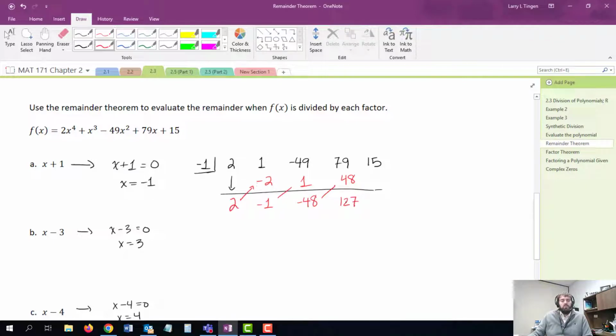And then negative 1 times 127 is negative 127. 15 plus negative 127 is negative 112.